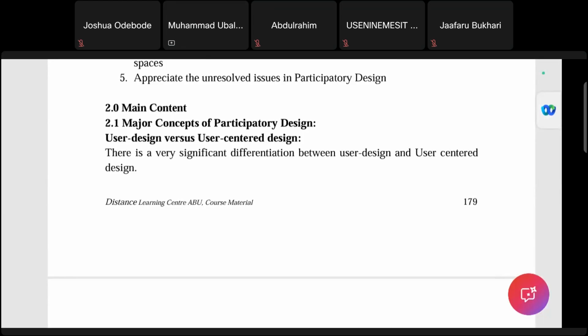So let's go into the main event and discuss the major concepts of participatory design. Now, we are going to start with the first concept, which is user design versus user-centered designs. Now, these are two different types of designs that are affected by participatory design.